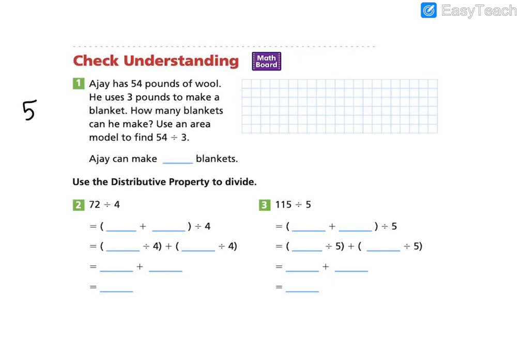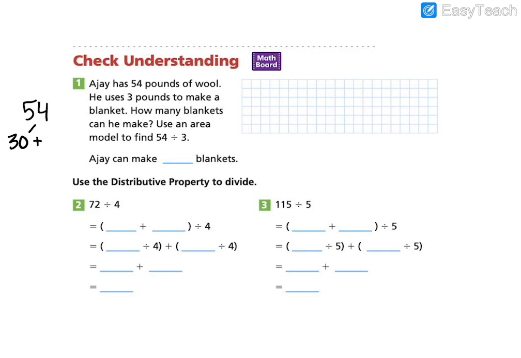All right, let's look at 54. Right away, I don't see a multiple of 3. That's pretty clear to me. When I see something like this, I want to pull out a multiple that's going to be quick and easy, like a multiple of 10. I know that 54, I can pull out 30.